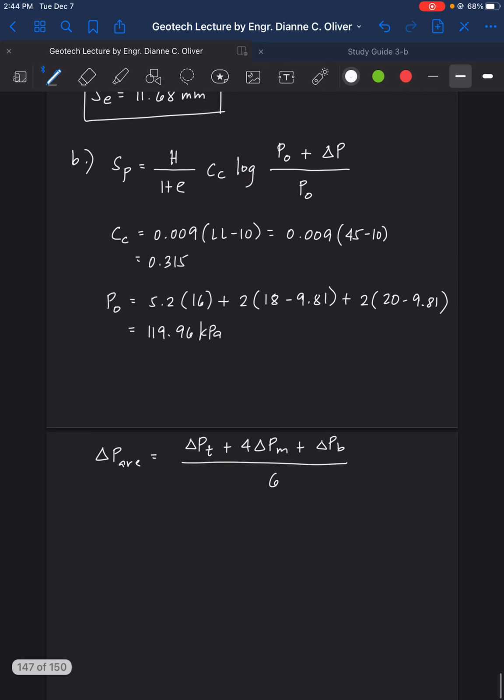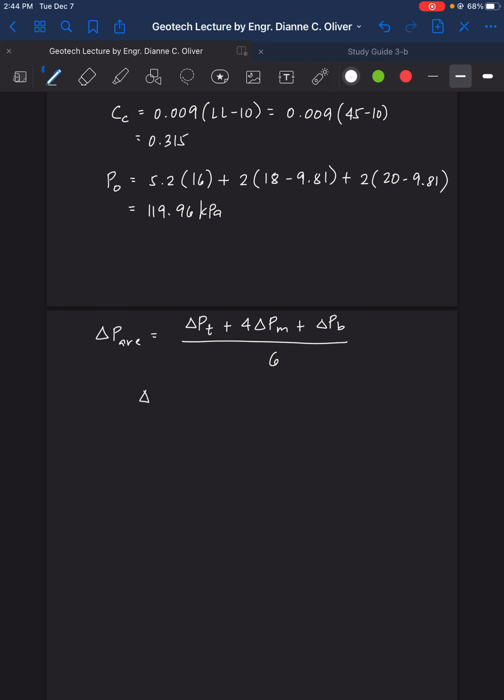Therefore, our delta P top is equal to 710 over 9 squared, delta P middle is 710 over 11 squared, and delta P bottom is equal to 710 over 13 squared.